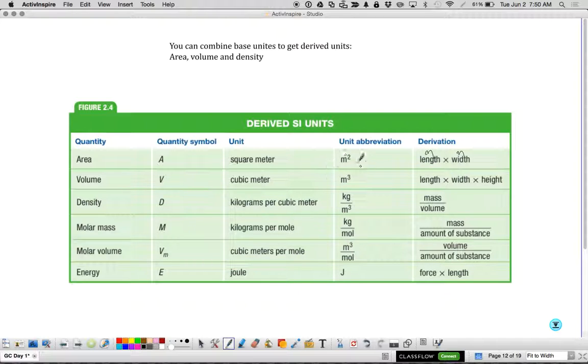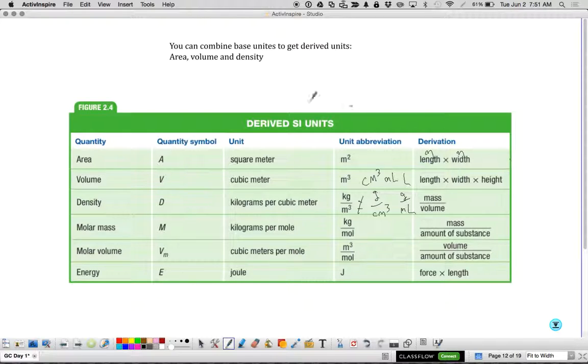Volume would be a meter cubed, which again we won't use a whole lot. We'll use centimeters cubed a lot, we'll use milliliters, and we'll use liters. Density, we'll talk about this chapter, kilograms per meter cubed, which again we won't use a whole lot. We'll use grams per centimeter cubed or grams per milliliter. That's what we're going to use more often.